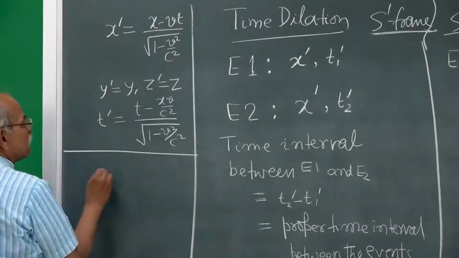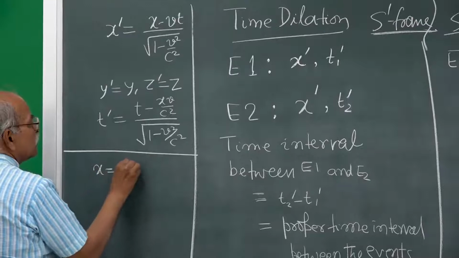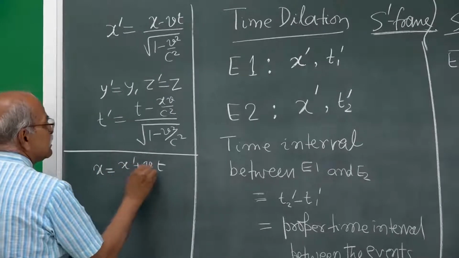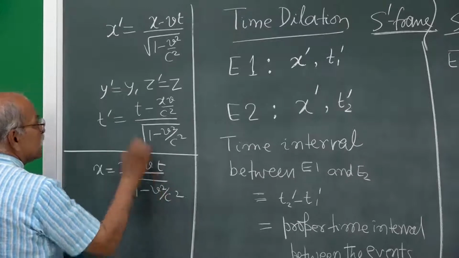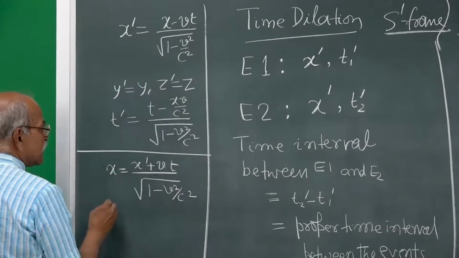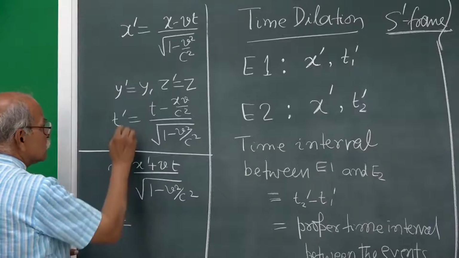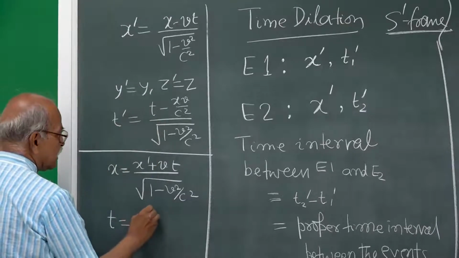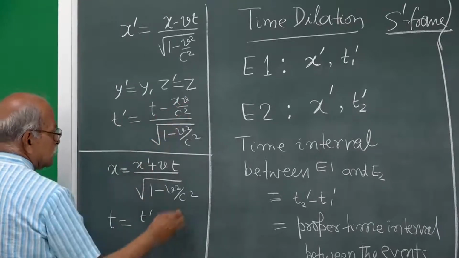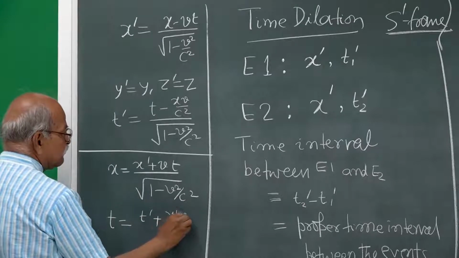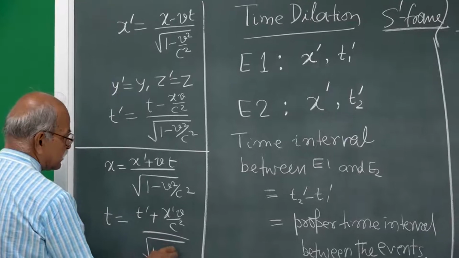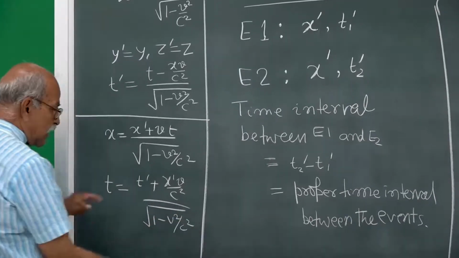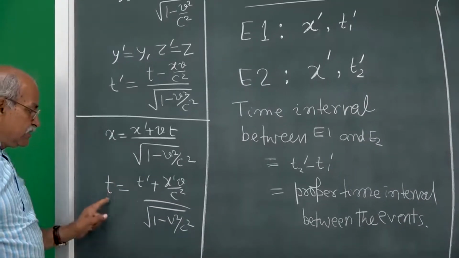So, reverse transformation will be x is equal to x prime plus Vt prime divided by square root of 1 minus V square by C square, and y is equal to y prime, z is equal to z prime, and t is equal to t prime plus x prime V by C square divided by square root of 1 minus V square by C square. So, I will be using this.